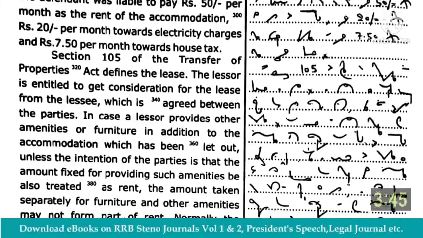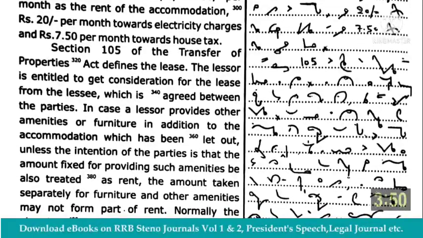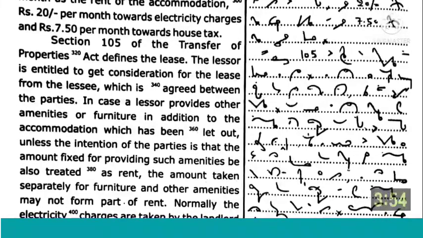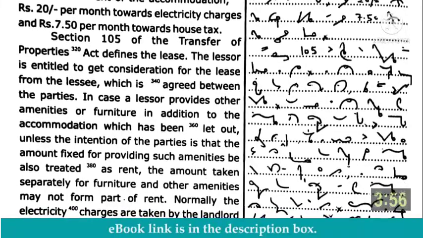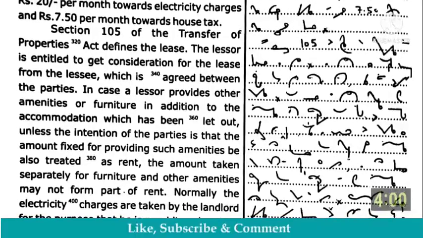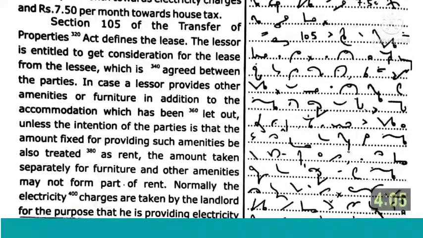Section 105 of the Transfer of Property Act defines the lease. The lessor is entitled to get consideration for the lease from the lessee, which is agreed between the parties.